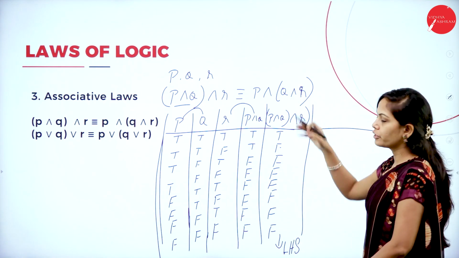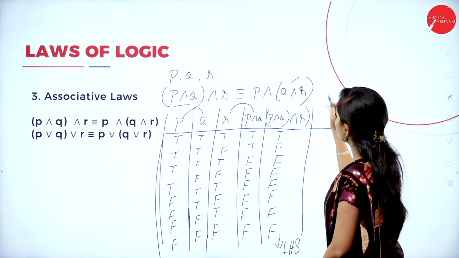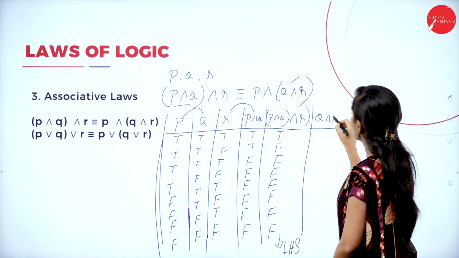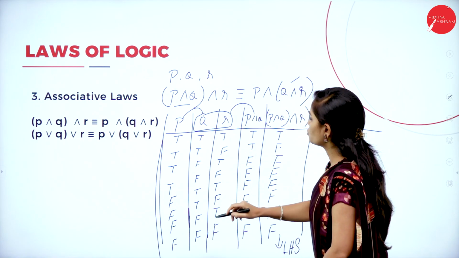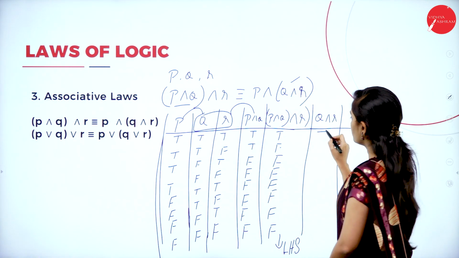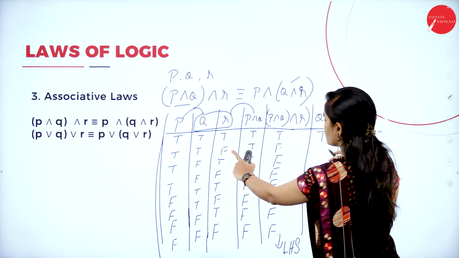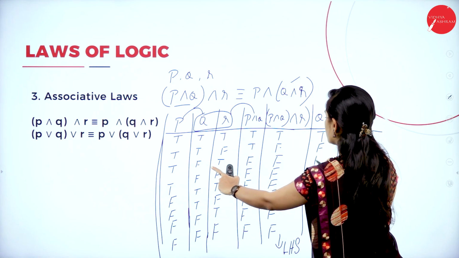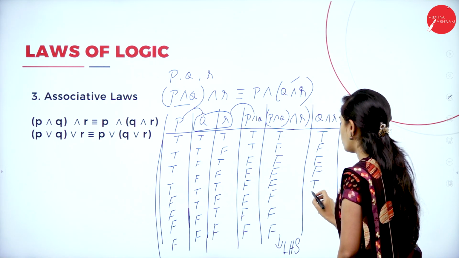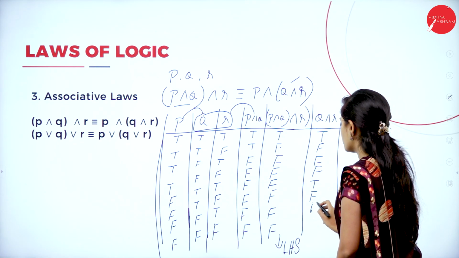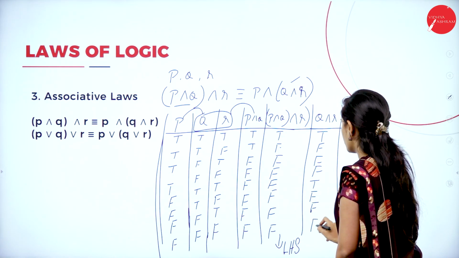Next I will find out the RHS. In the RHS we have Q AND R. Take these two columns. True, true is true. If any one of the conditions is false, it is false. True, false is false. False, true is false. False, false is also false.